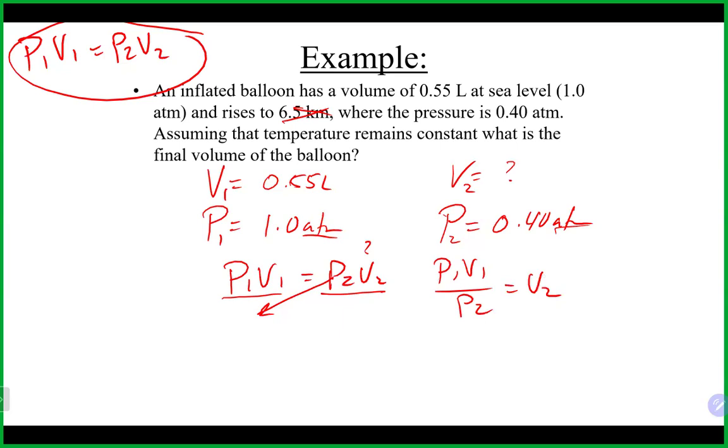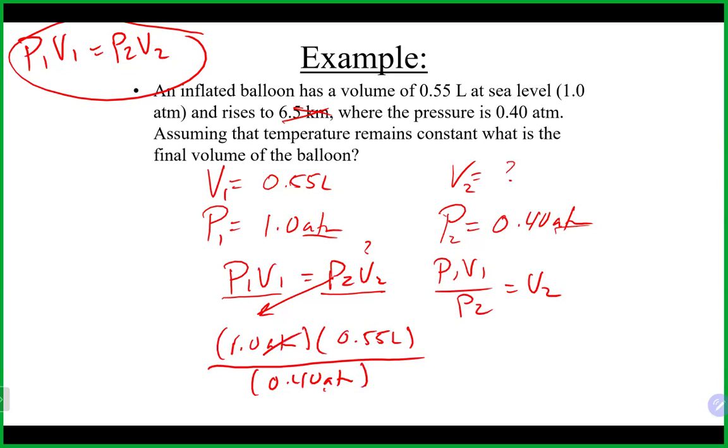So whenever you go across the equal sign, that guy ends up in the opposite location of where it's at. And that means all we have to do now is put in our numbers. We got 1 atmosphere, 0.55 liters divided by 0.4 atmospheres. Atmospheres cancel, going to give us units of liters, and we're going to hit 1.4 liters in this case.